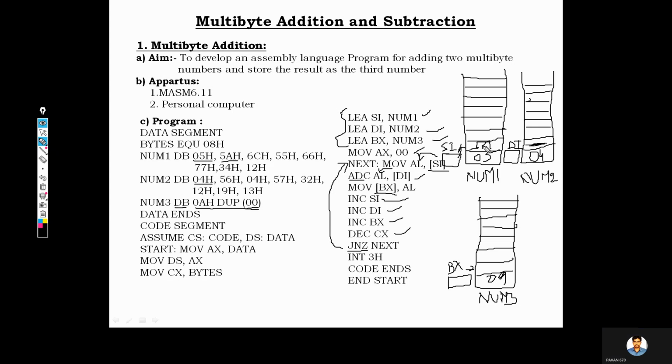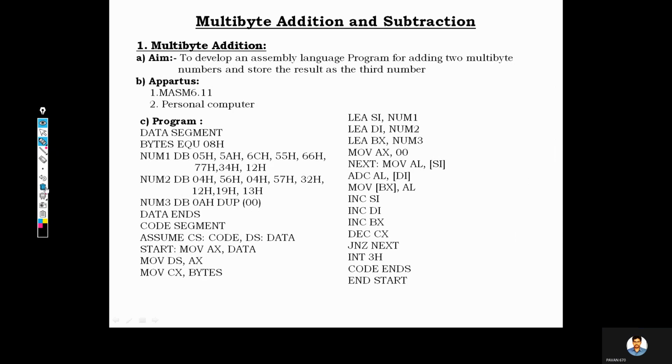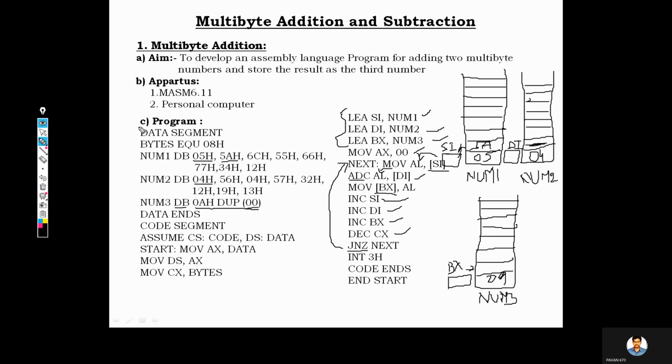And what is the value located in num2, the value referred to by DI? 56. 5AH and 56. Okay. These two values now will be added like the previous explanation, and the result will be stored here.